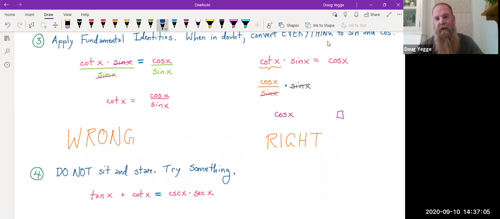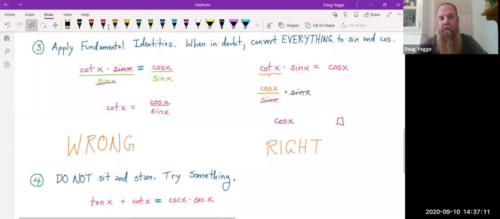You could always change things into sines and cosines, because a lot of times it's easier to turn into sines and cosines, which is what we saw up in example 3. When you can't figure out a good identity to use, just convert everything to sines and cosines. It should typically be a last resort, but you'll find a lot of the times that turning into sines and cosines makes it a little easier to deal with.